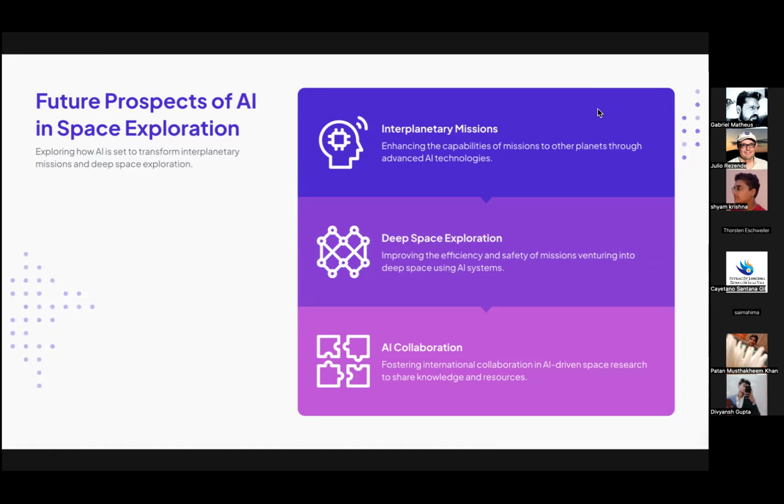It will help bring a whole change to this technology. So we are thinking to project our AI mission in space, which gives the technology a boost. Thank you for this presentation.